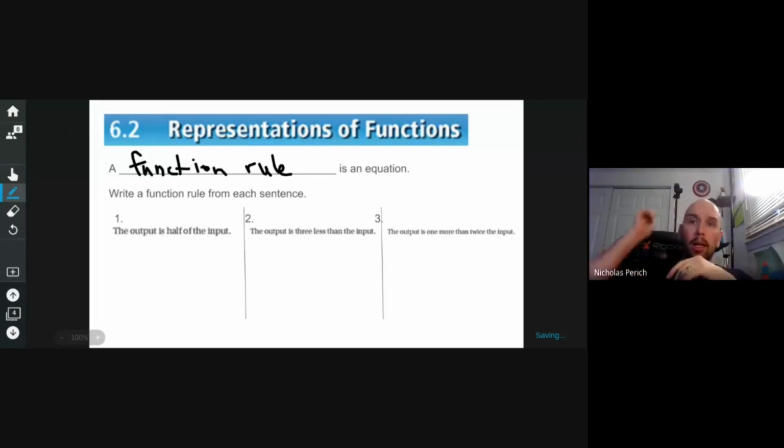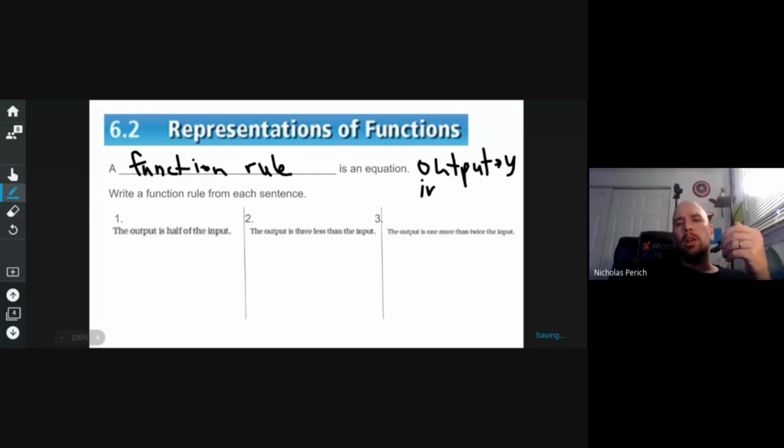And usually we use specific letters for specific words. If I ever see the word output, we know this from yesterday, output is a Y because that's your range. Input is an X value.